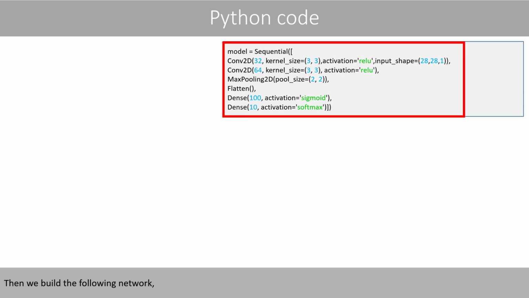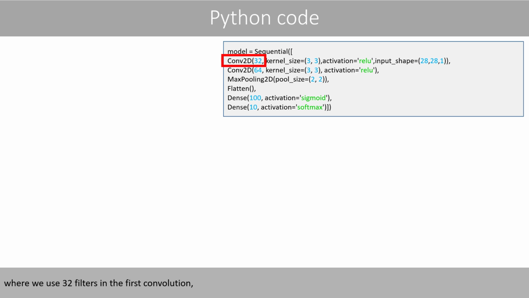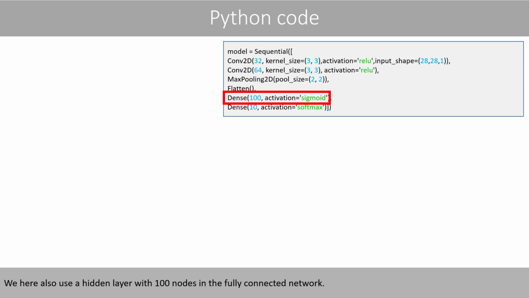Then we build the following network, where we use 32 filters in the first convolution and 64 filters in the second convolution. The size of the filters corresponds to a 3x3 matrix. We here also use a hidden layer with 100 nodes in the fully connected network.